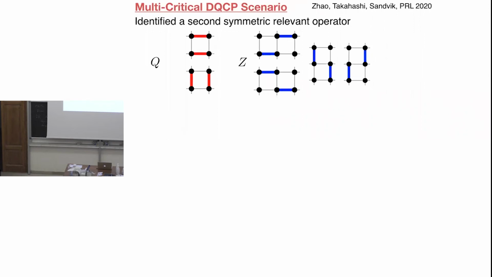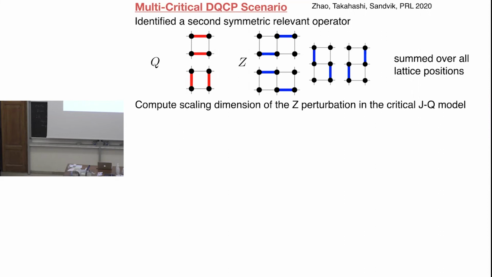So imagine that you take your critical JQ model, super nearly critical JQ model, and you add uniformly this kind of perturbation with some small coefficient. And then you want to ask, is that a relevant or irrelevant perturbation? So then we can compute the scaling dimension of the operator.